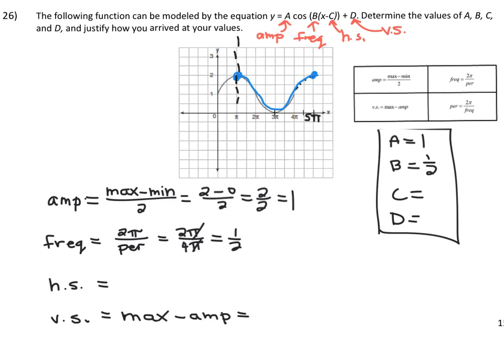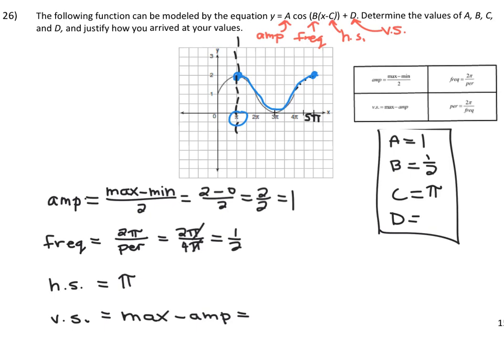Oh, that's a really bad line. But it was shifted over here at pi. Pi is when we start a cosine curve, right? A cosine curve starts high and ends high. So pi units to the right is going to be our horizontal shift. Okay, so C, the horizontal shift, is just equal to this right here, pi. Okay, that's how far we had to shift to start our cosine curve.